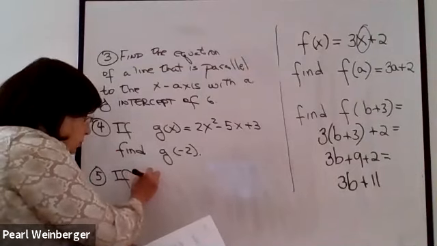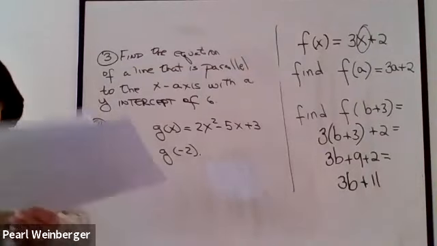If h of x is equal to 7x minus 5, find h of 3a plus 1.